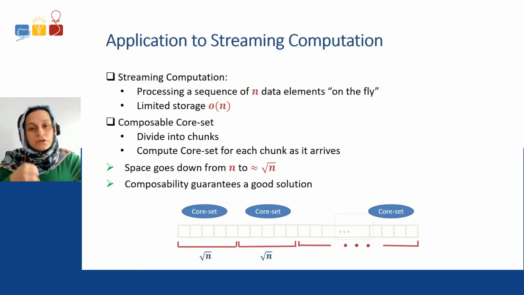At the end, it computes the solution over the union of these coresets. This allows the space usage of the algorithm to go down from n to roughly square root n. And again, because of the composability property, the solution we compute at the end is a good approximation for the solution over the whole input.